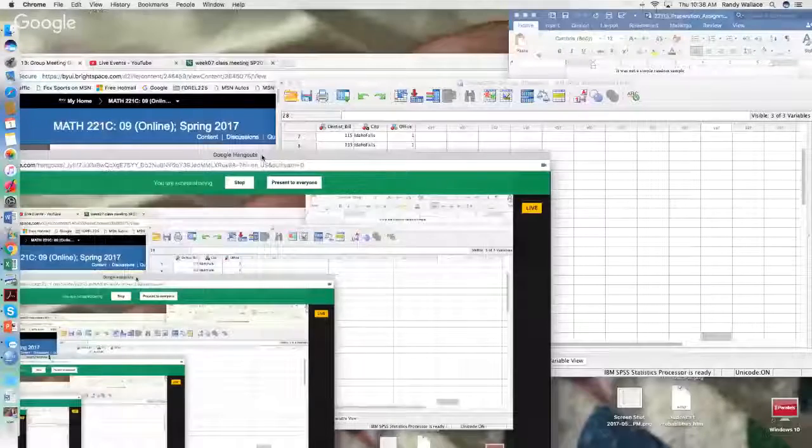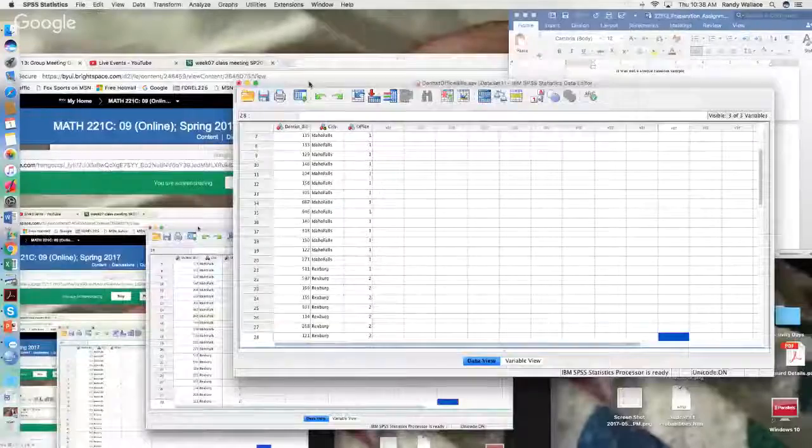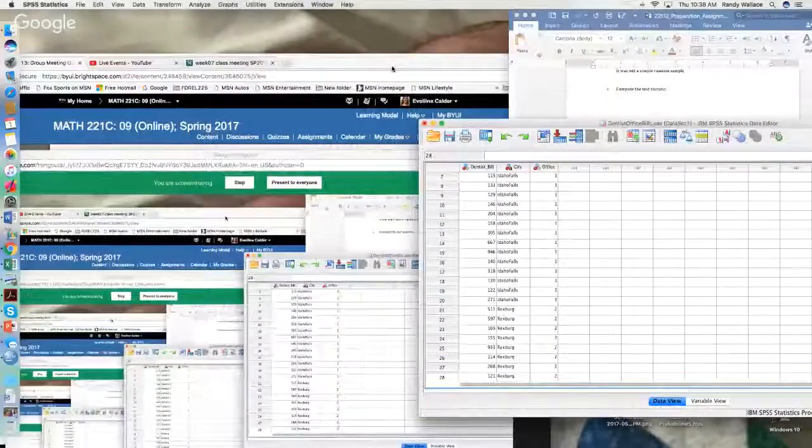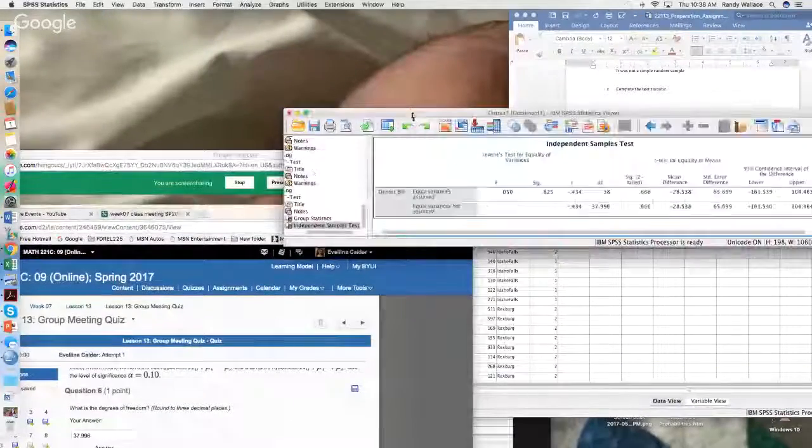What is the sample standard deviation for Rexburg? Okay, I'll share my screen again so that you can see what I'm looking at. Once again, I have so many things open. Okay.